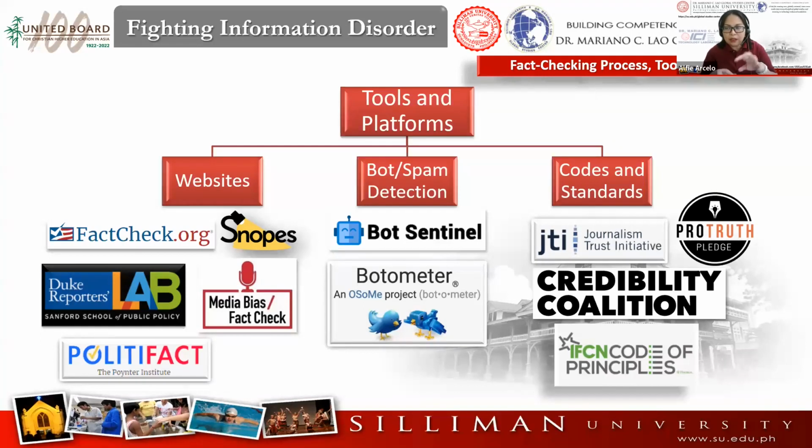They create the codes and standards for information transparency. So we have the likes of Pro Truth Pledge, wherein they create standards for greater transparency, maybe in journalism. So again, there are groups that are helping us out.